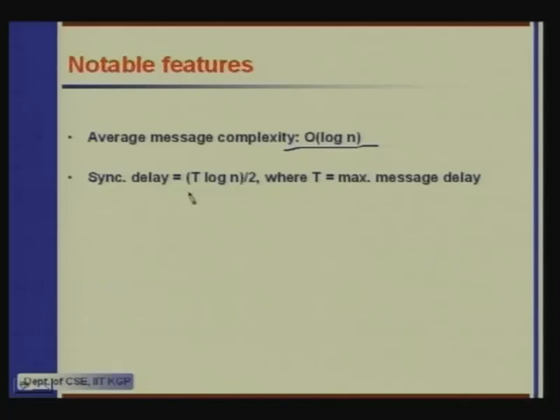And the synchronization delay, which is the delay between the exit of one critical section and entry into the critical section of the next process, is t log n by 2, where t is the maximum message delay. Why is this t log n by 2?